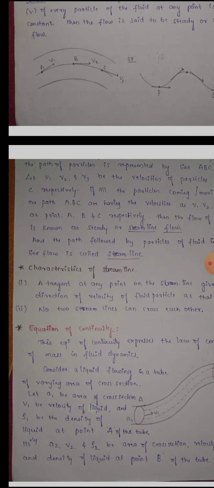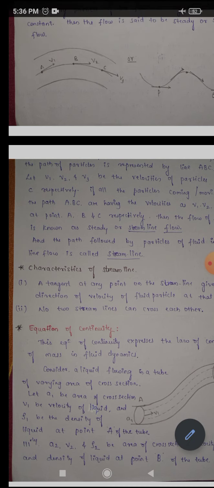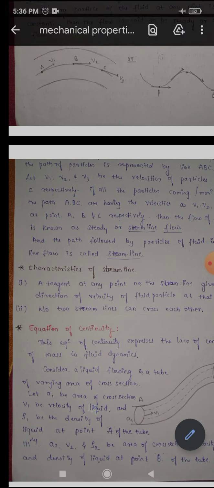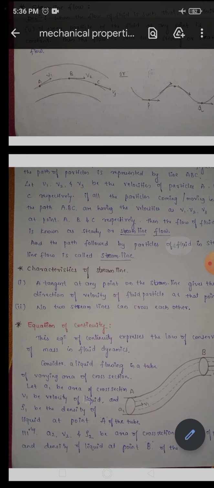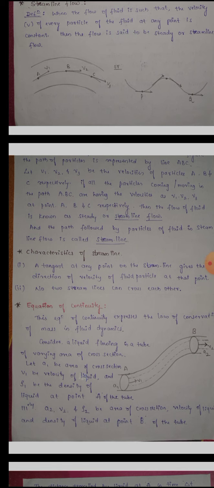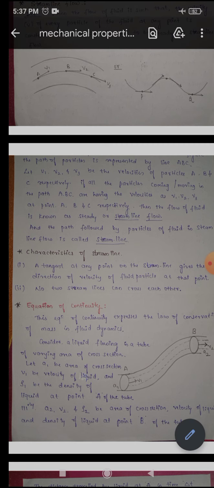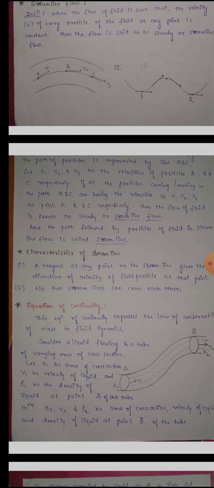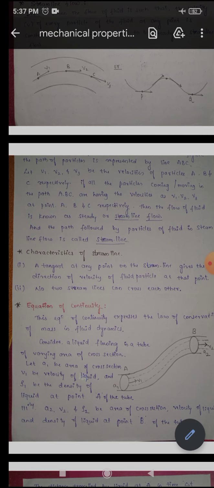Let v1, v2, v3 be the velocities of the particles at the positions A, B, C. However many particles move along the path A, B, C, all of them must have the velocity v1 when they come to the point A, the velocity v2 when they move to the point B, and the velocity v3 when they move further to the point C. Then that flow of the fluid is known as steady or streamline flow.